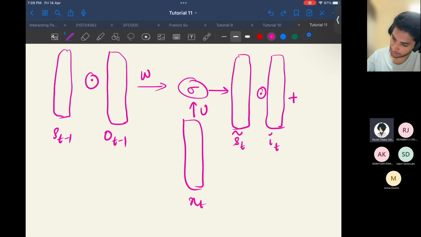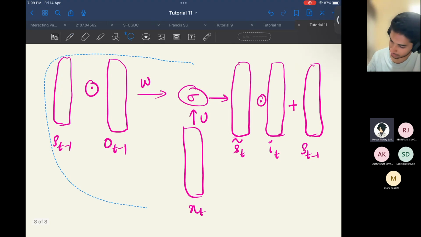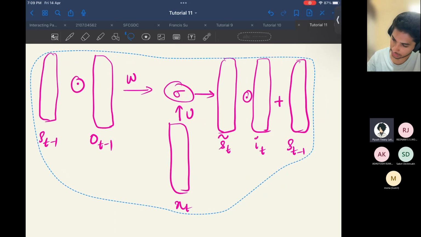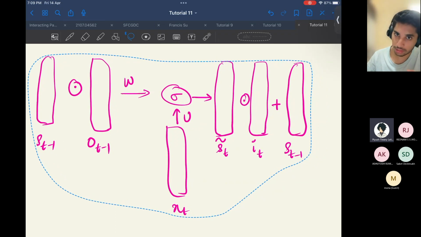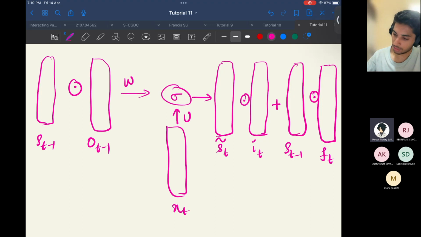And you add whatever the previous state was, st minus 1, and use another gate, ft, to do a dot product.